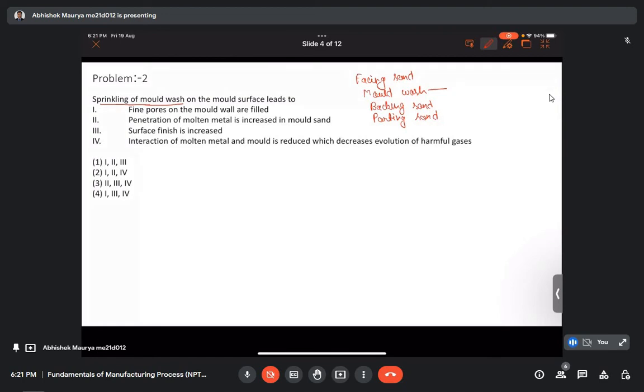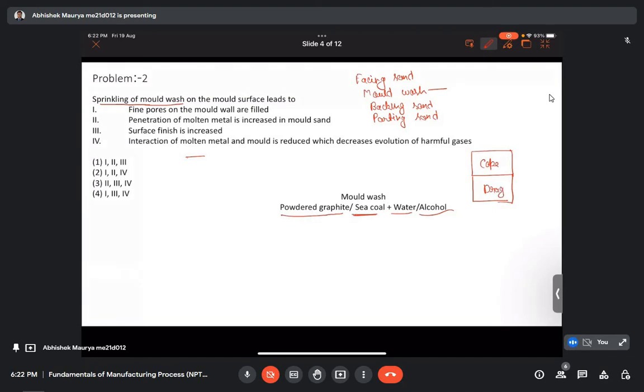If you can remember what the mold wash was, it is basically powdered graphite or sea coal, sometimes added with water or alcohol. Basically, when we try to make a mold, we have the upper part of the mold, called the cope, and the lower part of the mold, called the drag.